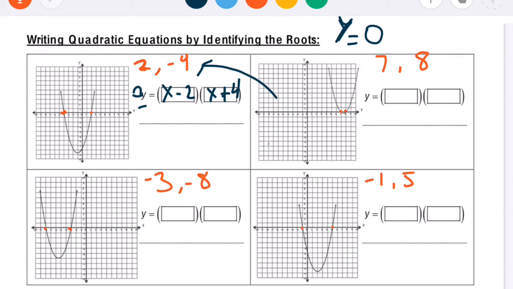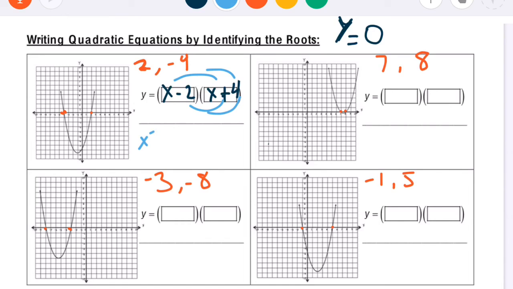I'm going to erase this. We could take it one step further. So this line, the line that is in each one of these problems, actually wants us to write the quadratic equation of the parabola. So if we know the factors, we could FOIL and we could figure out what the equation of that quadratic actually is.